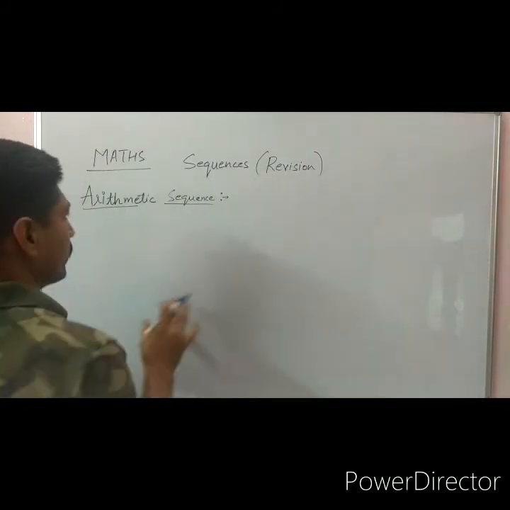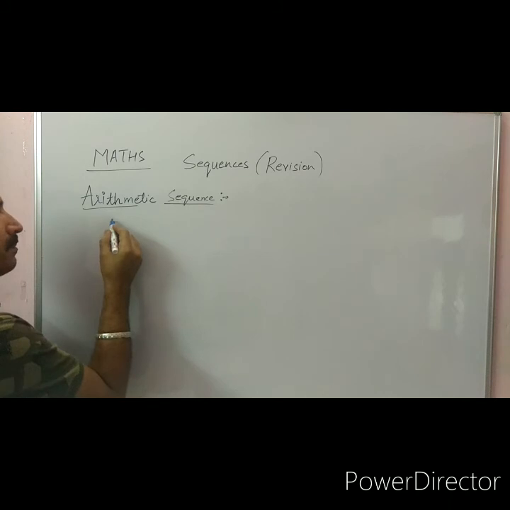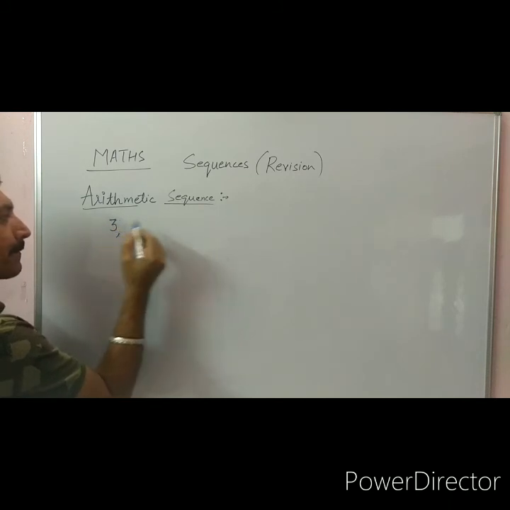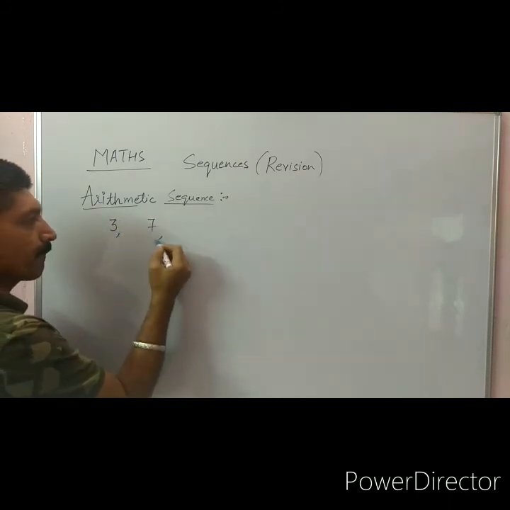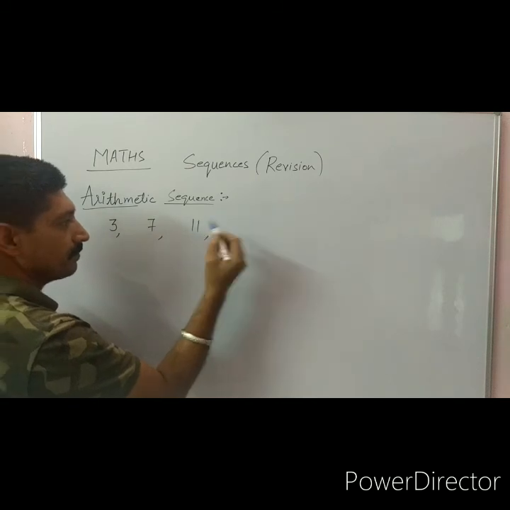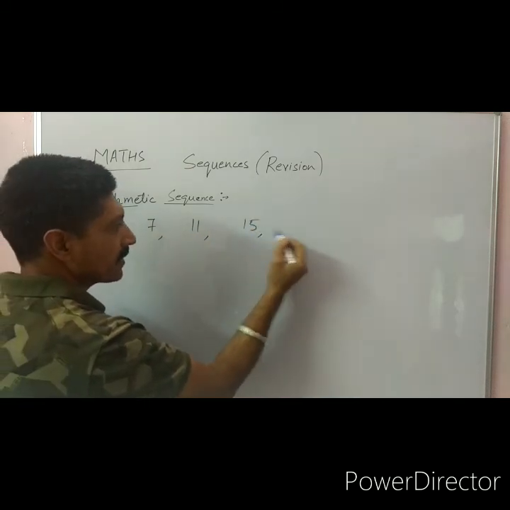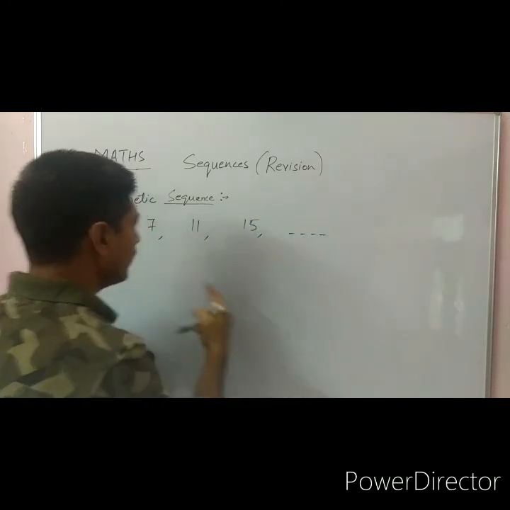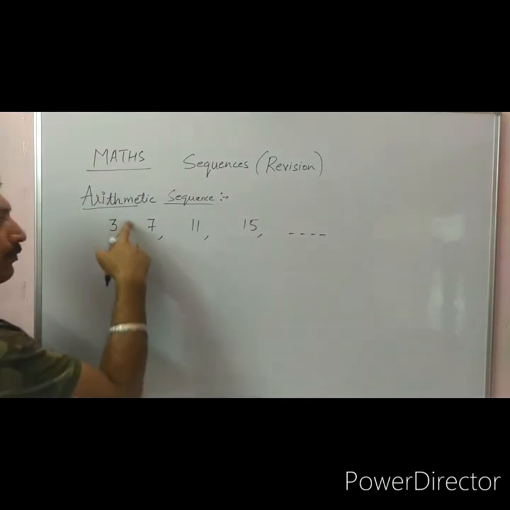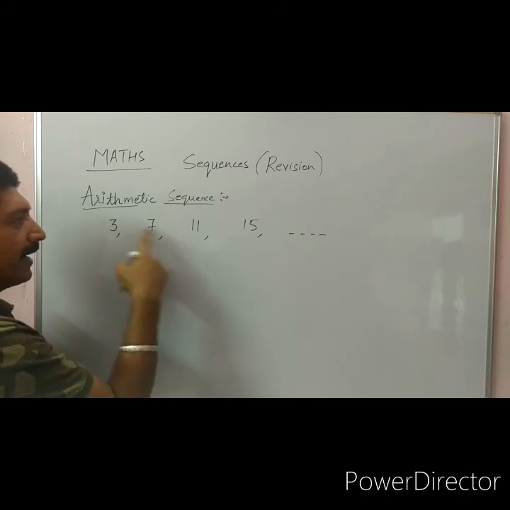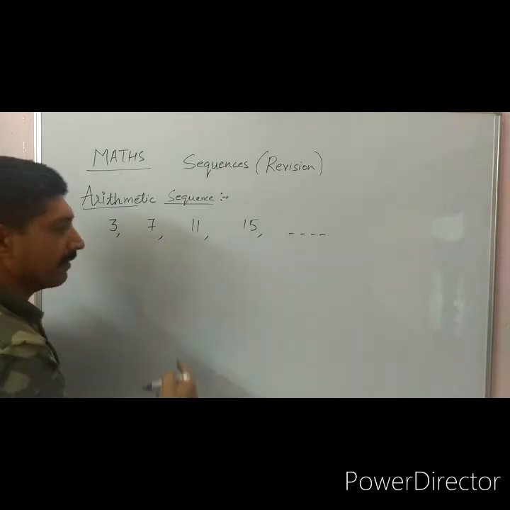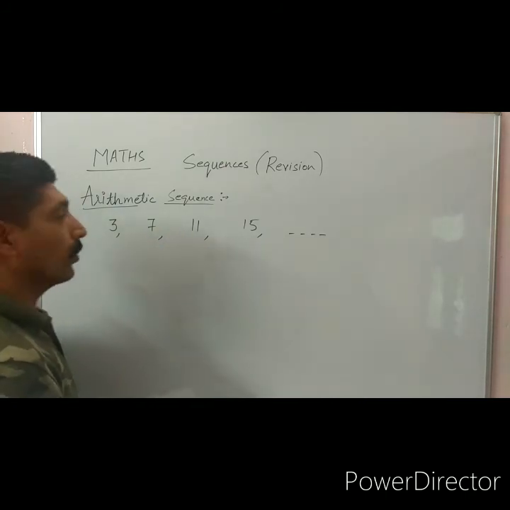In an arithmetic sequence, let's say the first term is 3, 7, 11, 15, and so on. So here the first term is 3, the second term is 7, and the common difference is 4.